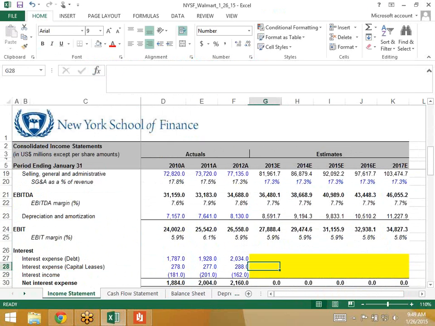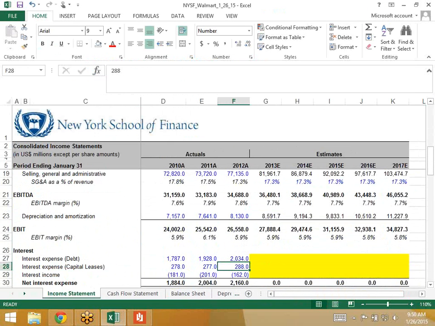So in this case what I'm going to do is I'm going to back into what the historical interest rate is by taking the 288 and dividing it by not just the 2012 long-term capital leases, but the 2012 long-term capital leases plus the current portion of long-term capital leases.